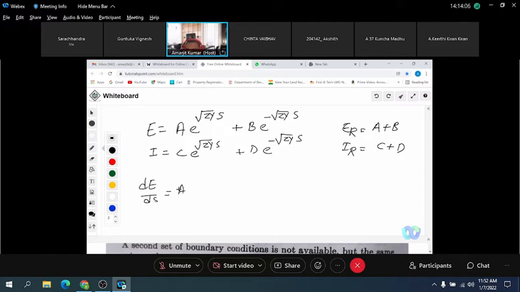It will be equal to A into root zy into e to the power root zy x minus B into root zy e to the power minus root zy x. Okay? What I have written is correct or not?